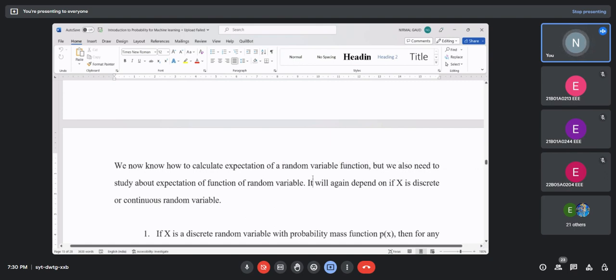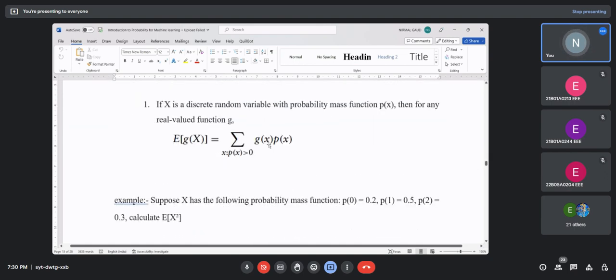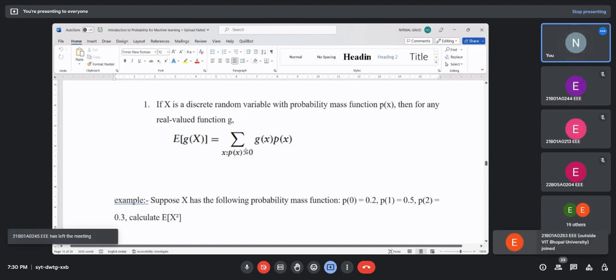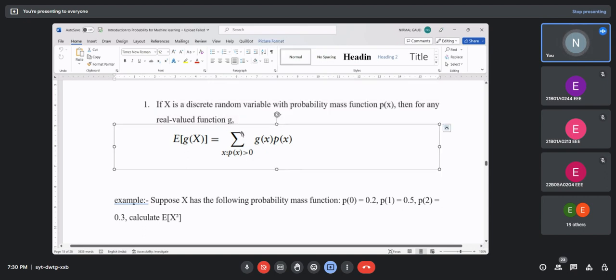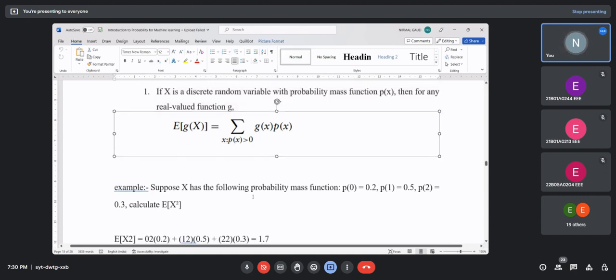Previously, for a random variable, I multiplied x by p(x). Now, for a random variable function, I'm going to consider one function and multiply it with p(x). So g(x) p(x), that's what I did, and the result is summation of g(x) into p(x).